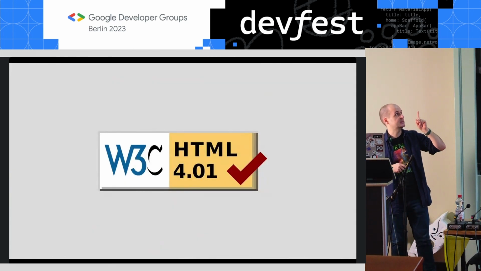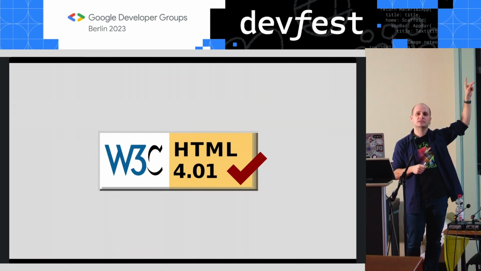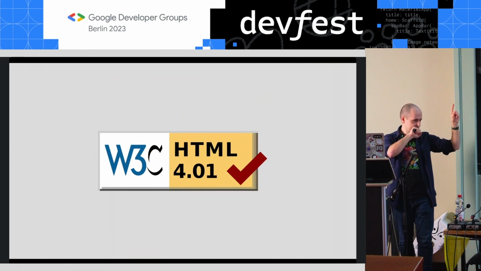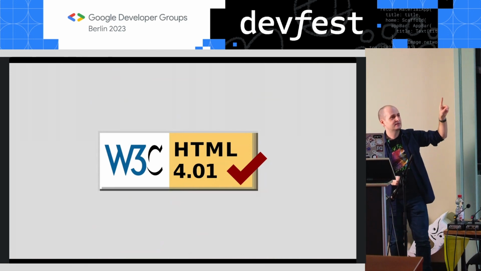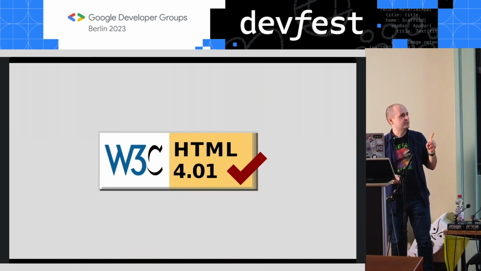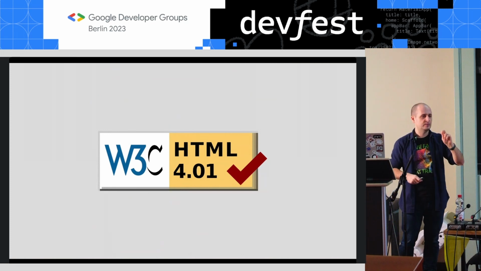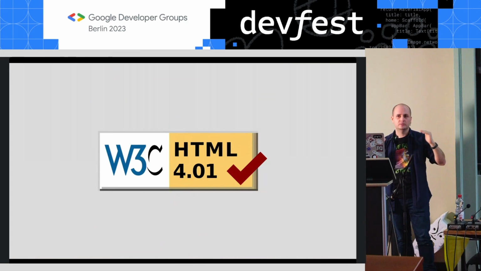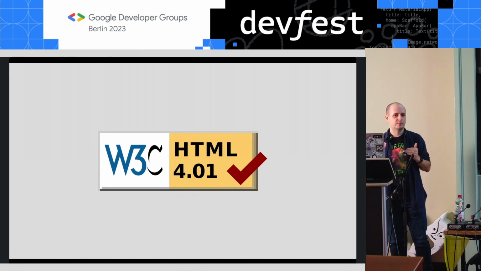But this one is not baseline. Have you seen this one in your life, many years ago? Back in my days, we used to put this in the footer of our websites. It would mean that our markup is 100% valid, meaning that all tags are closed, all tags are nested properly, and yeah, we were super proud of our code.